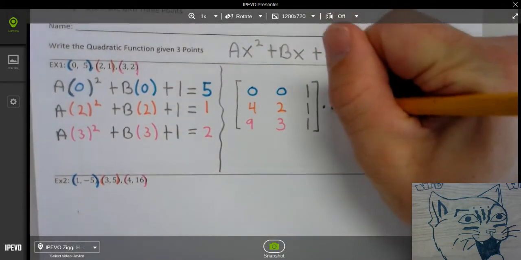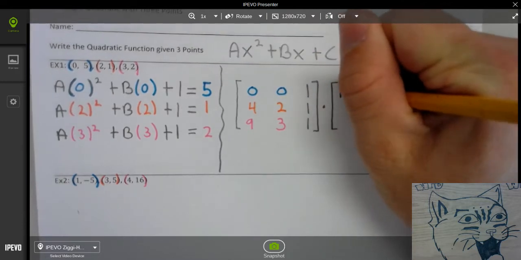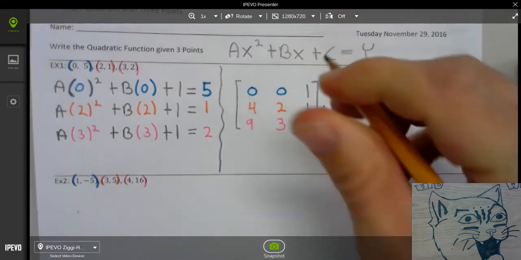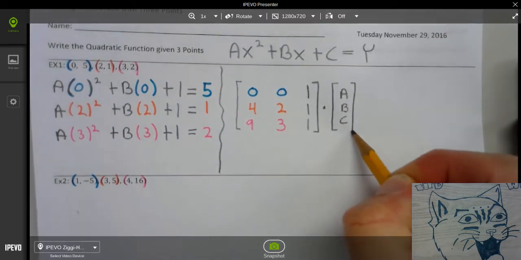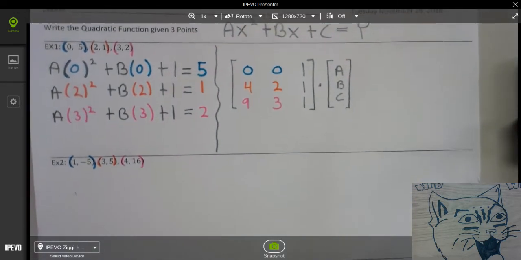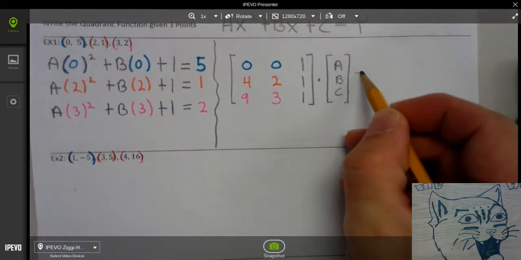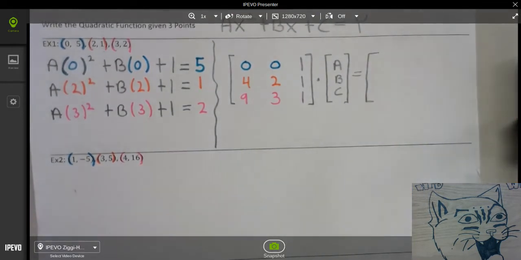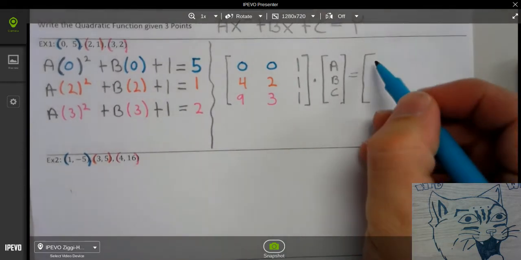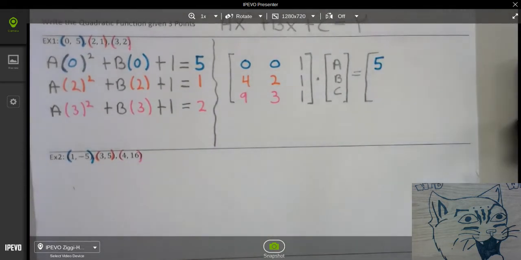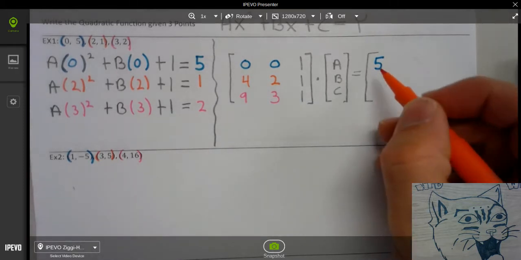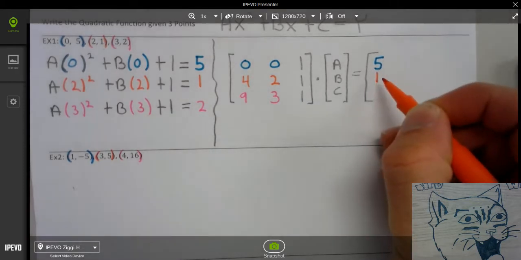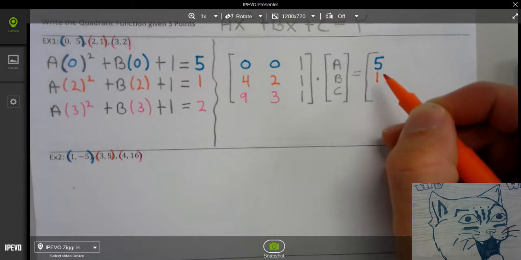That's times a, b, c, and that equals 5, 1, 2. Wait a second. Yep, 5, 1, 2.